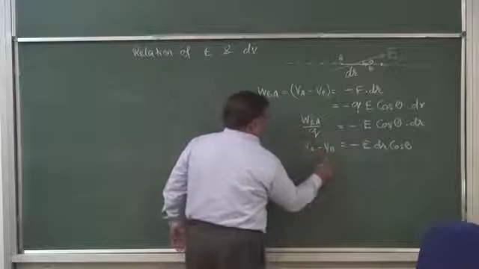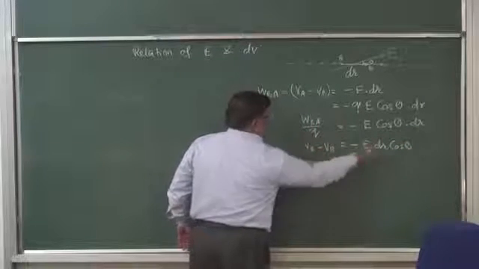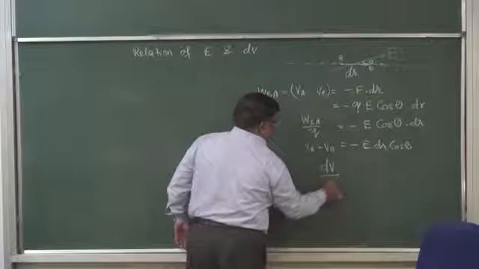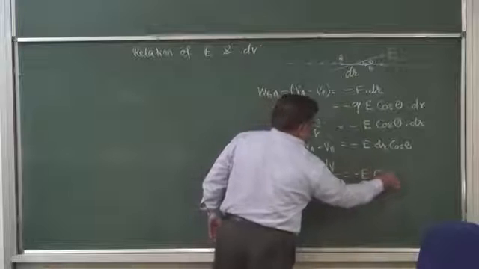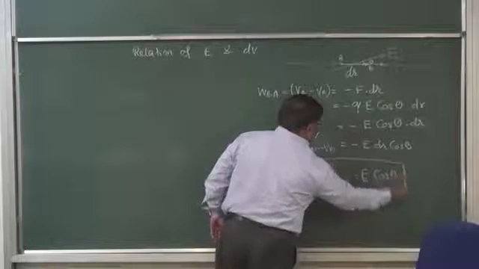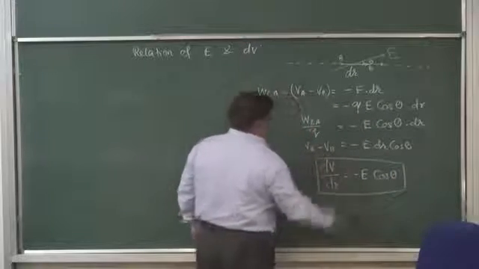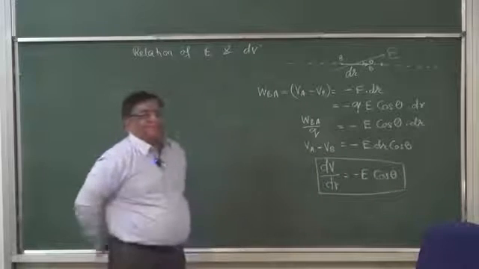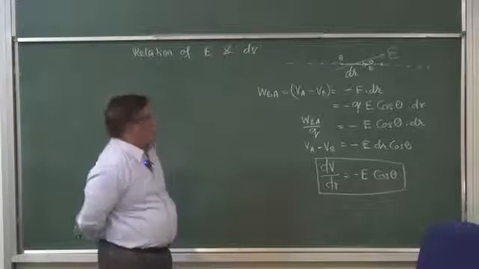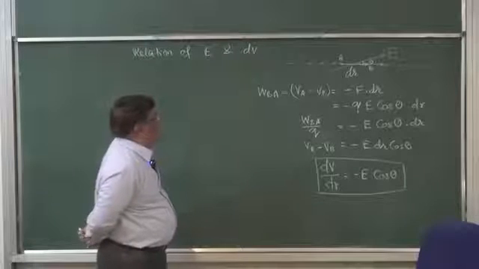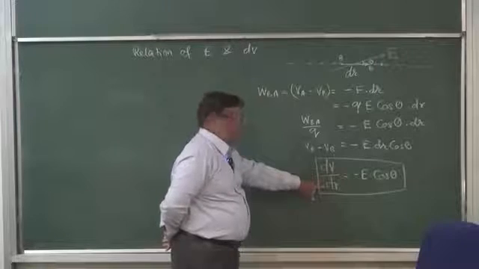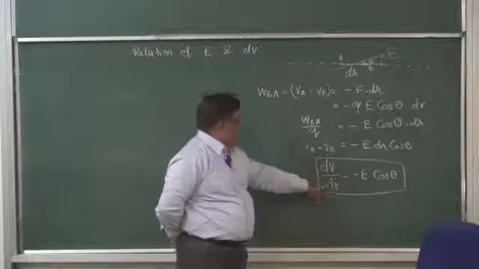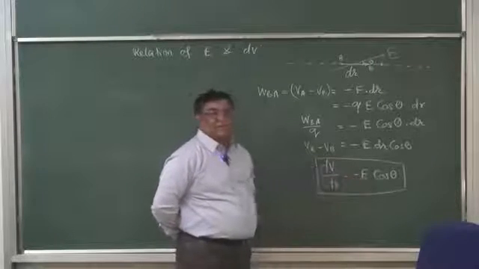Now if this we call as dV, then this dr you take here, dV upon dr is equal to minus E cos theta. So potential difference per unit length is minus E cos theta.